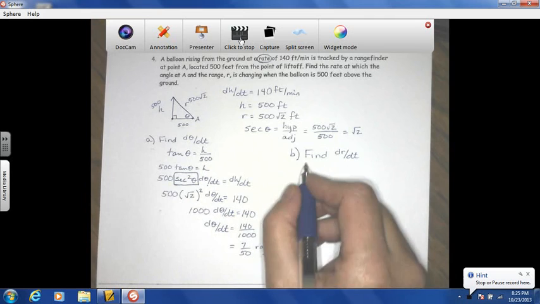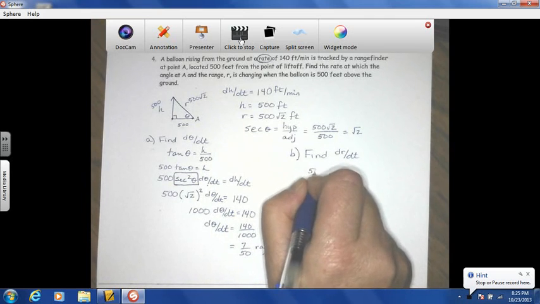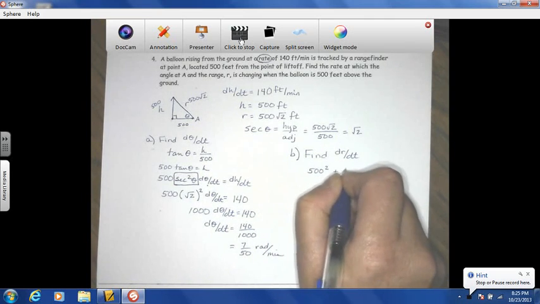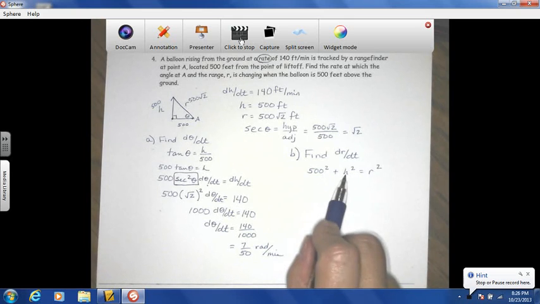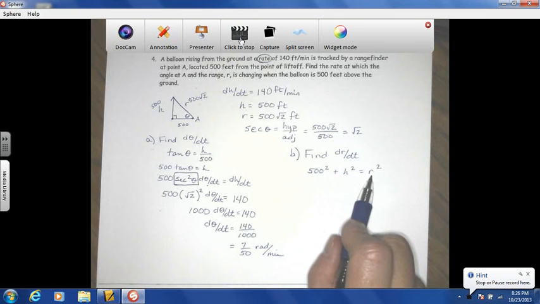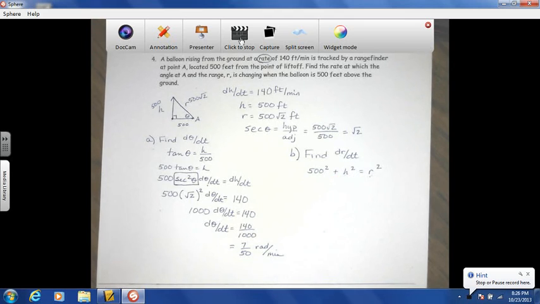So we can say that 500 squared plus h squared is going to equal r squared. Notice I have not plugged in the 500 or the 500 square roots of 2 because the h and the r are variables. They are changing.